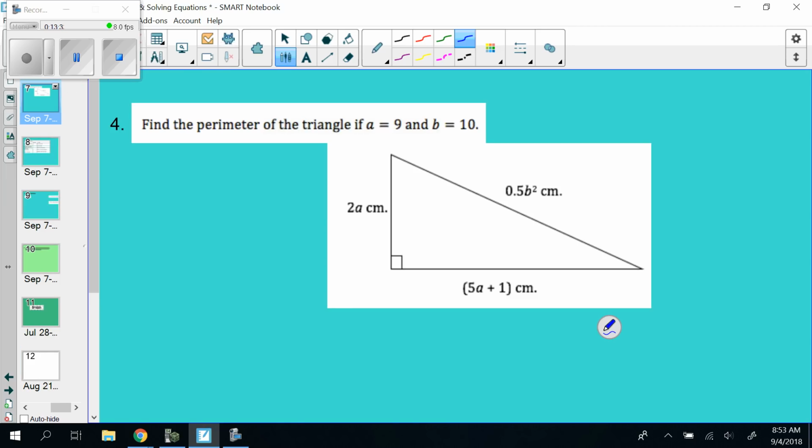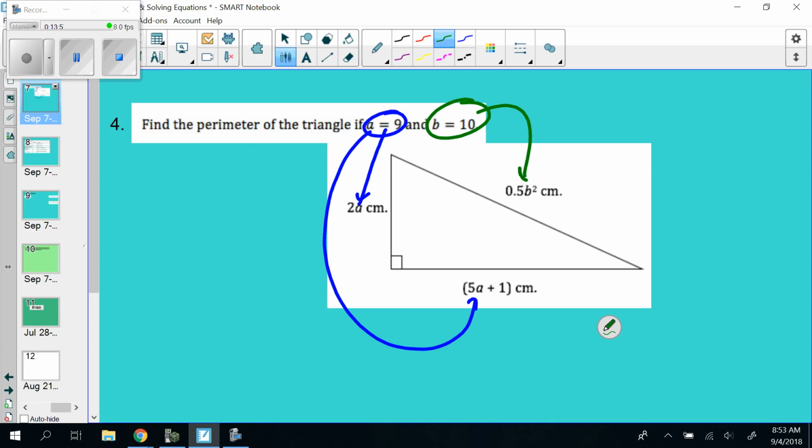All right, one more here. The perimeter of a triangle is shown to be this, where A is 9 and B is 10. So again, similar to problems we did earlier, now this is just with a word problem. Substitute that information in. So we know A is 9, so anywhere there's an A, we want to substitute that amount in. And then we know B is 10, so wherever we have a B, substitute that in.